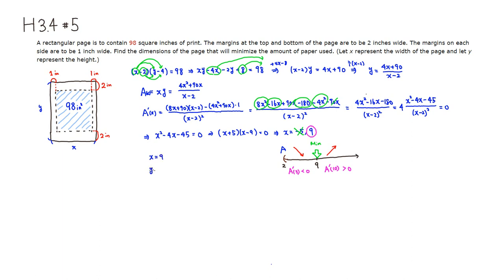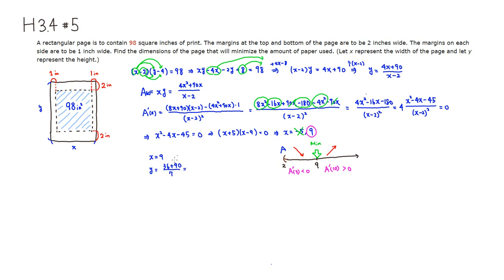And y can be found by just plugging in. So here's the formula. We have 4 times 9, so 36 plus 90, over 9 minus 2, which is 7.